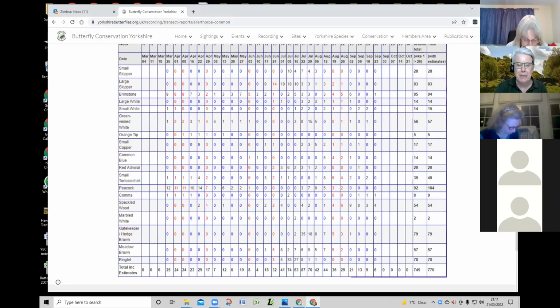And I noticed from a lot of these new transects, you get odd marbled whites coming through. It seems to be quite a mobile species, much more than people think it is. It's quite capable of travelling. 6 miles would certainly not be a challenge to it. Certainly especially as it's downhill and downwind.